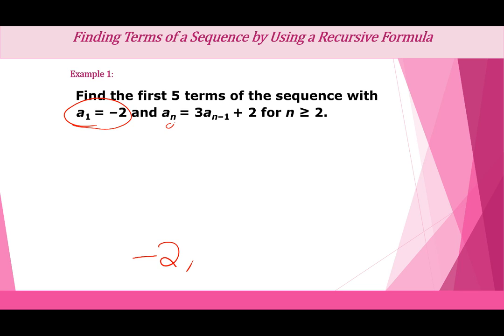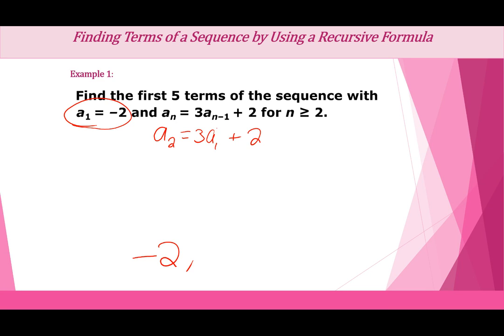And then the next term of the sequence, the A2 term, right? So I'm going to say n is 2 for the second term, which would be 3 times A2 minus 1. Now, 2 minus 1 is 1, so that's going to mean it's the previous term, the A1 term, plus 2.